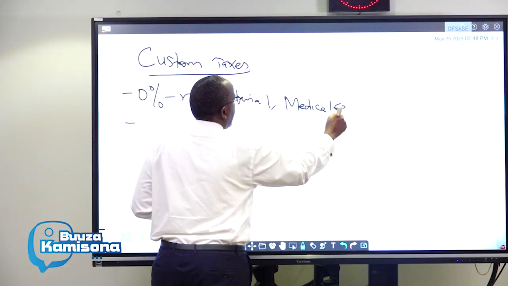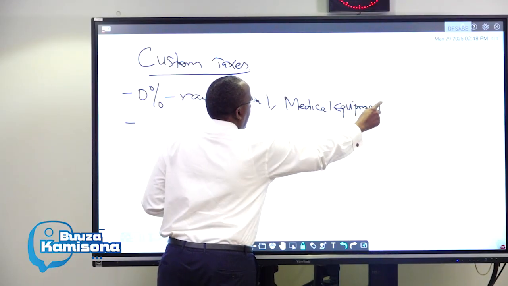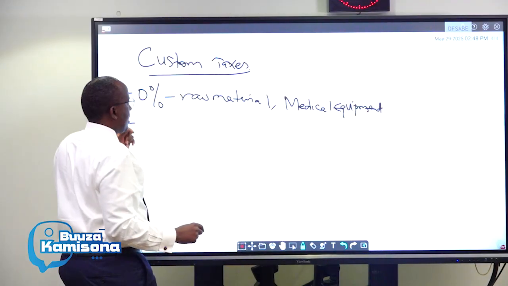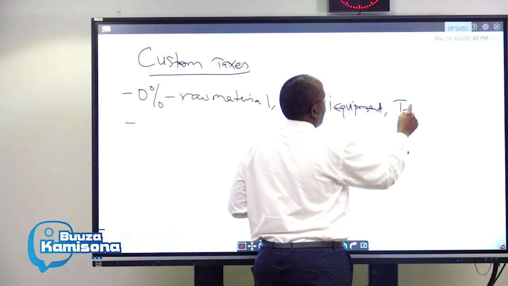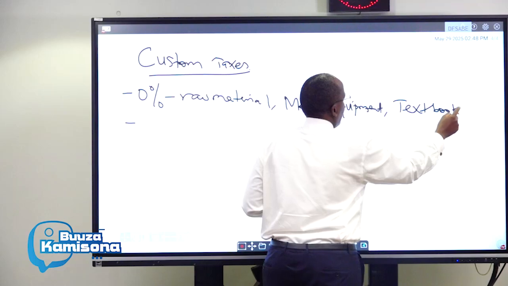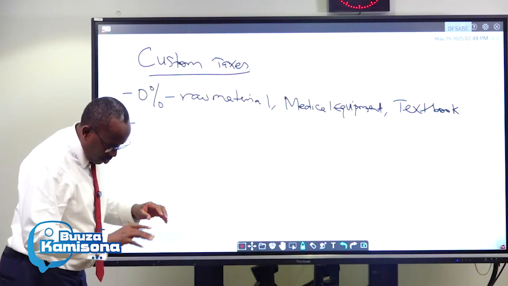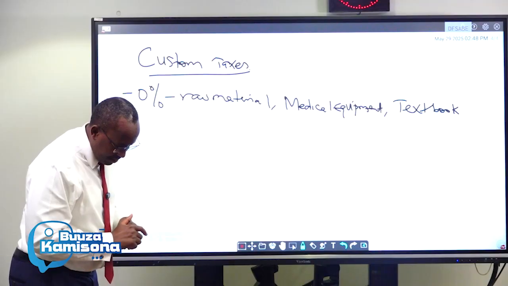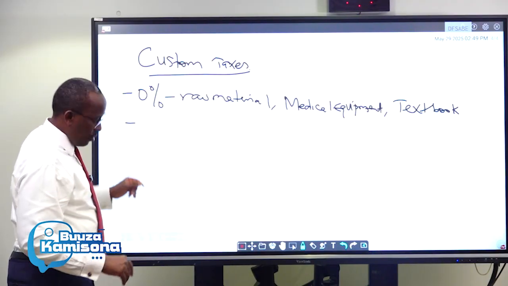So medical equipment is also under zero rate. Then the next one is textbooks. Again, make education as affordable for everyone as possible. So the whole region agreed that for those items, there will be zero tax. And a few other things are zero rated.